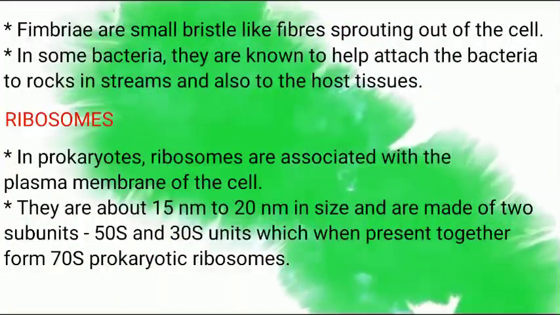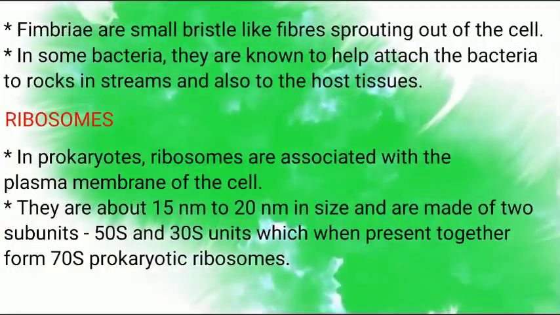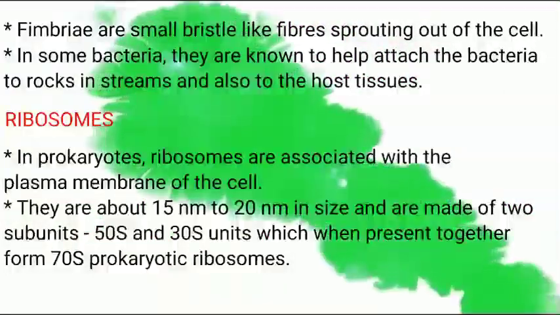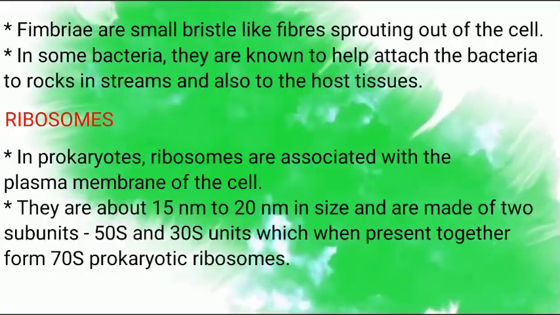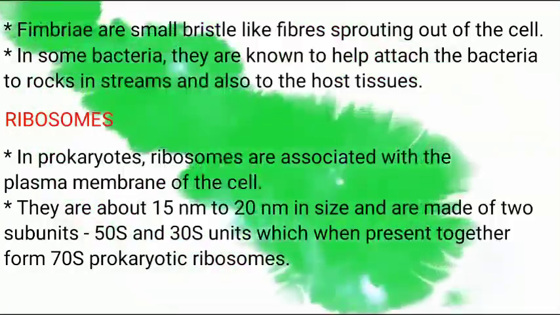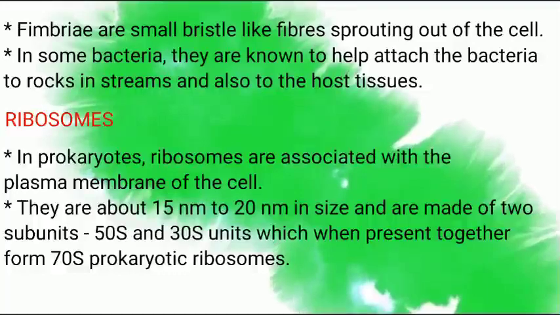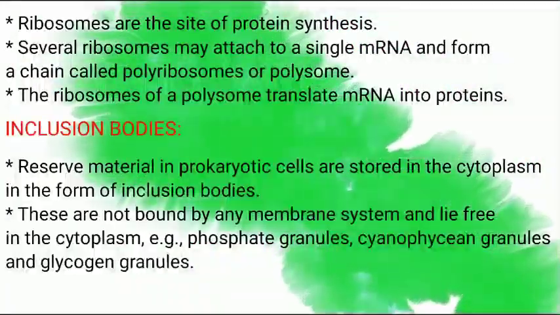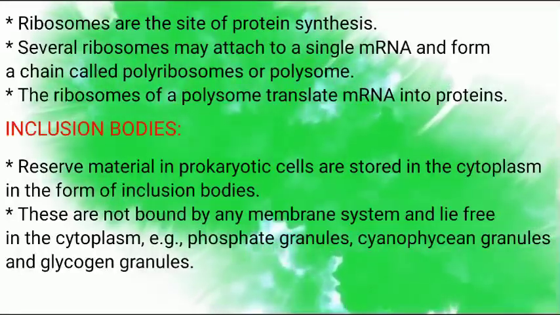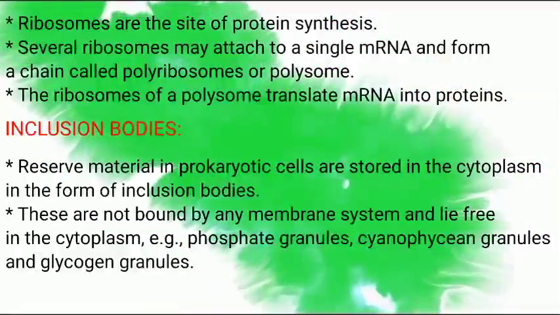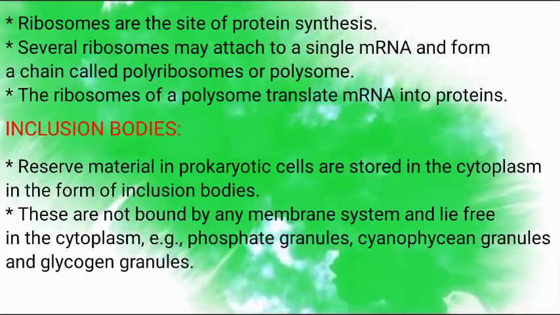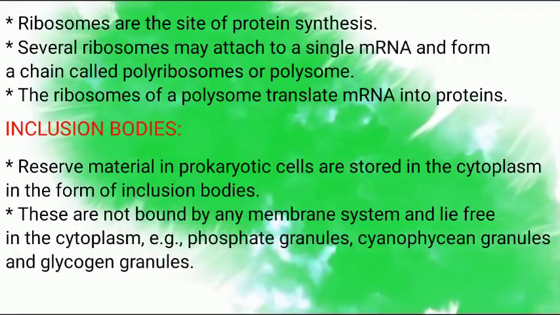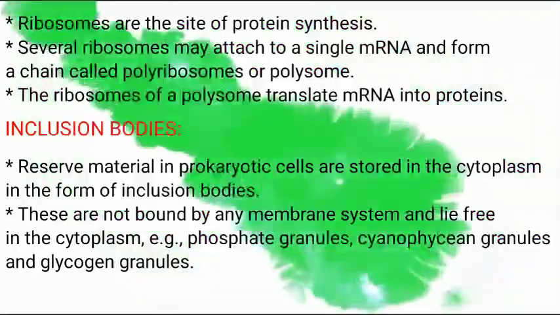Ribosomes are the sites of protein synthesis. Several ribosomes may attach to a single mRNA and form a chain called polyribosomes or polysomes. The ribosomes of a polysome translate mRNA into proteins.